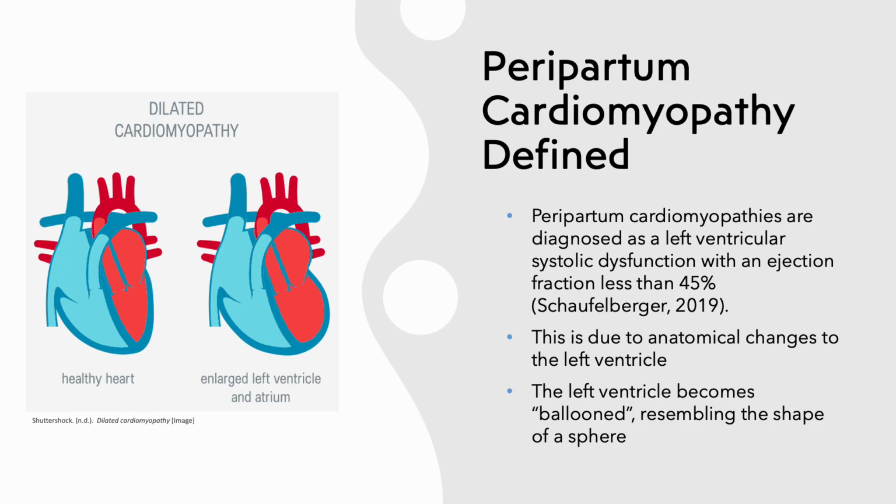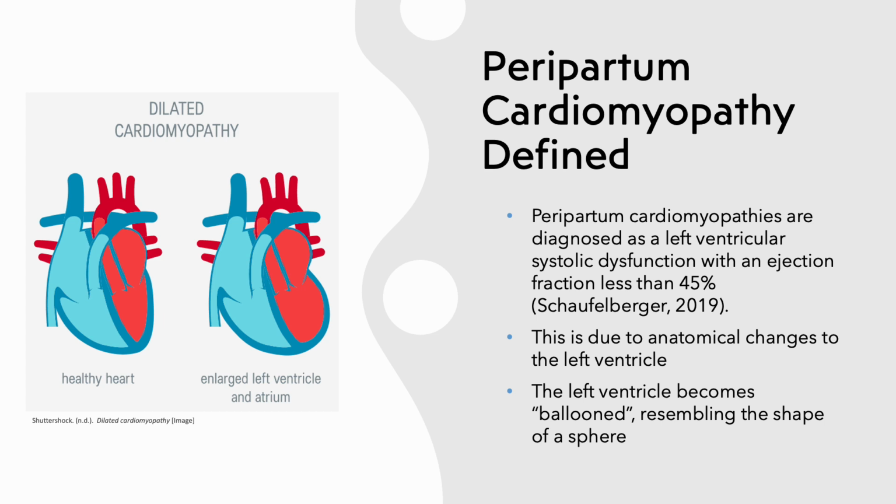So now that we've discussed the various types of cardiomyopathies, and we've discussed the normal changes that occur during a routine pregnancy, now to lead into the more pregnancy-induced changes, specifically revolving around peripartum cardiomyopathies. And so first we need to understand what a peripartum cardiomyopathy is defined as.